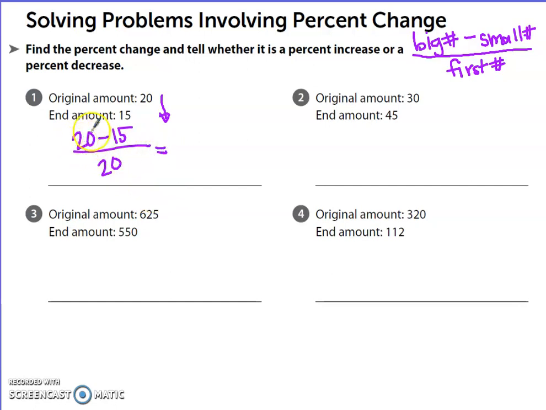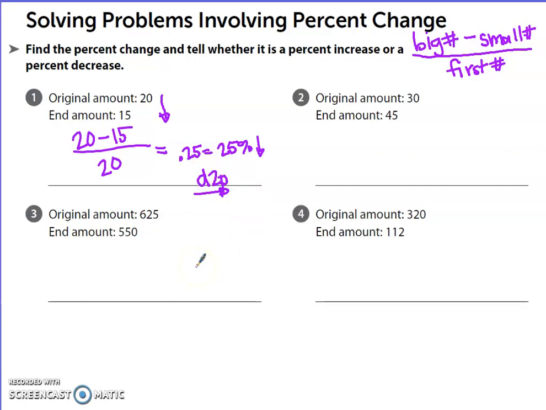You'll subtract 20 minus 15 is 5, and 5 divided by 20 is 0.25. D2P, percent, and it's a decrease. D2P, right? Move from decimal to percent.